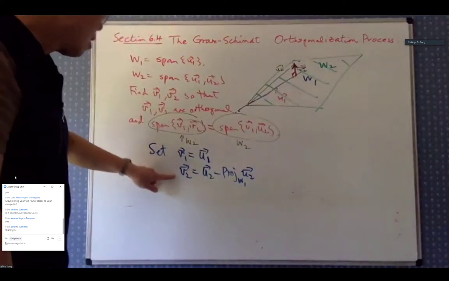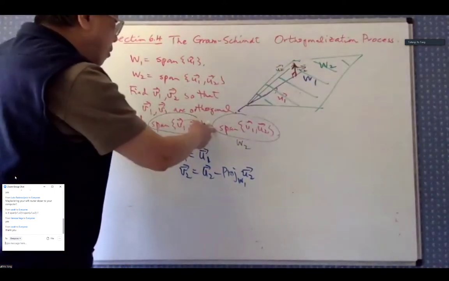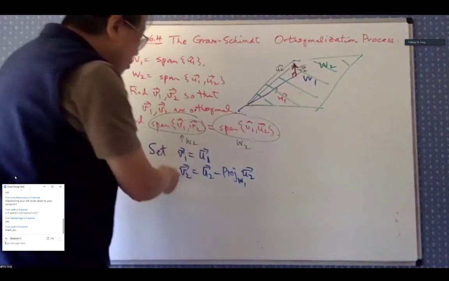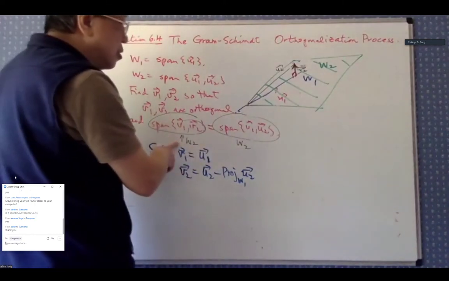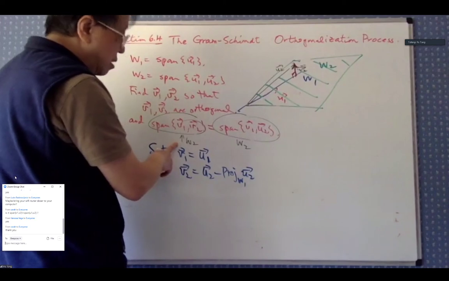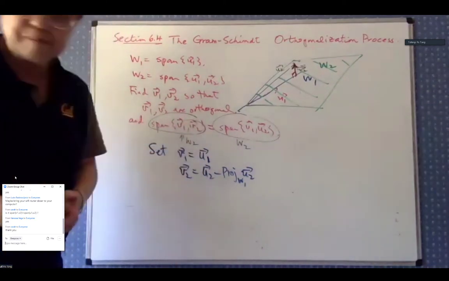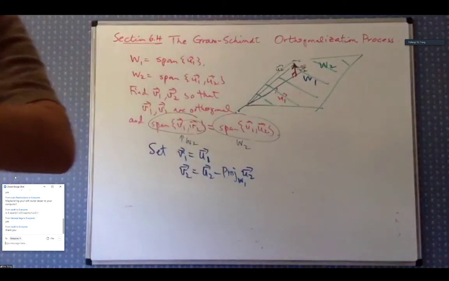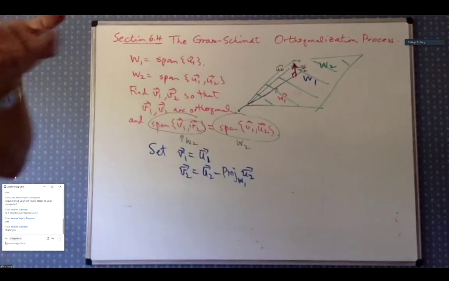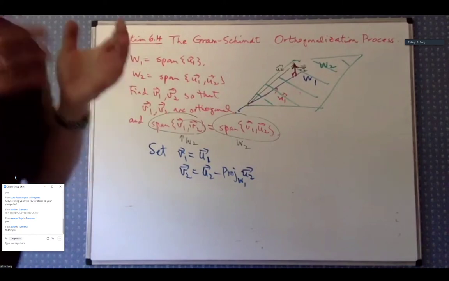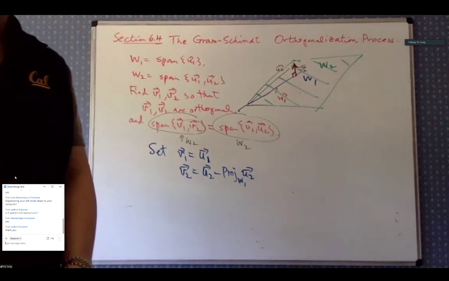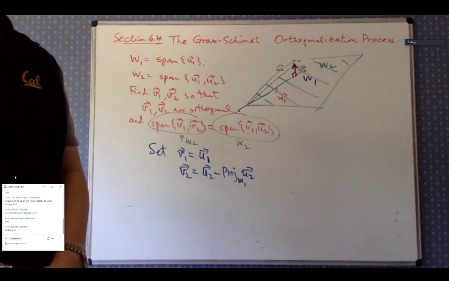Now this V1 and V2 still span W2, but they are now perpendicular. I will do examples on this, but I want to make sure that you understand this first. That's good. Is it okay?